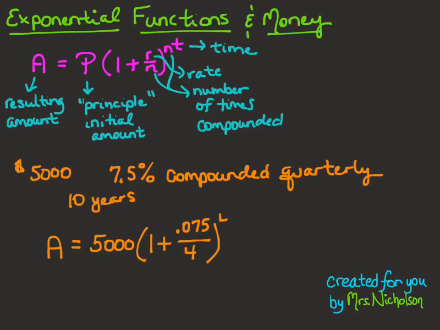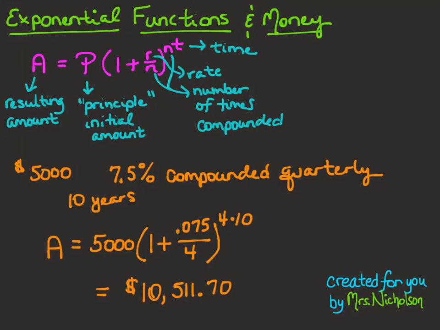And then we're going to raise that to the 4 times 10 power. And if you put all of that into your calculator, we'll get a resulting amount of $10,511.70. So pretty good return on our $5,000.